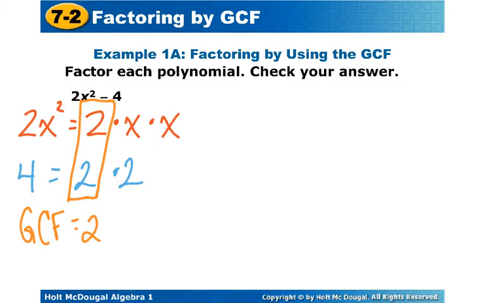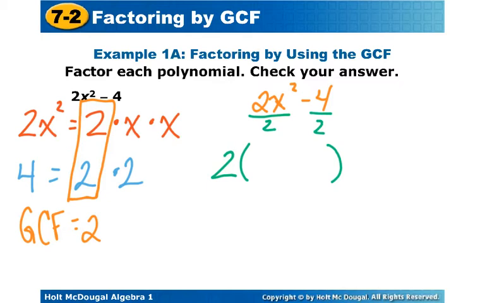Okay? Now, I'm just going to rewrite my original problem over here. When you're taking out your GCF, what you're essentially doing is dividing each one of these terms by that value. So, take your GCF, write it outside your parenthesis. Then draw yourself 2 parentheses, okay?